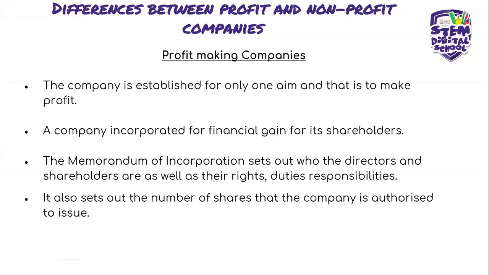If my authorized shares are 6 million, it means I can't issue more than 6 million. I can only issue a maximum of 6 million. Anything above 6 million won't be regarded as authorized. So your MOI also has your authorized share capital.